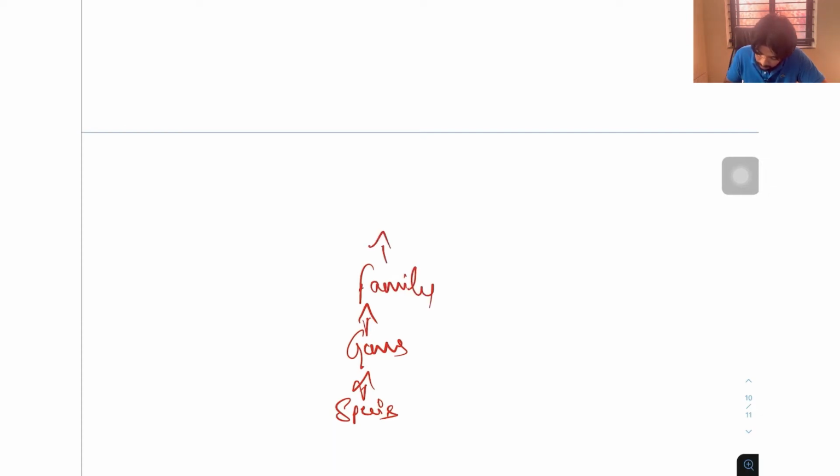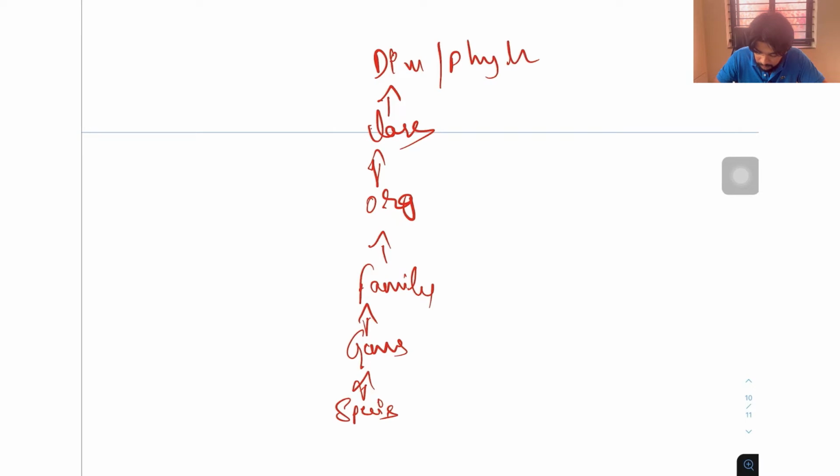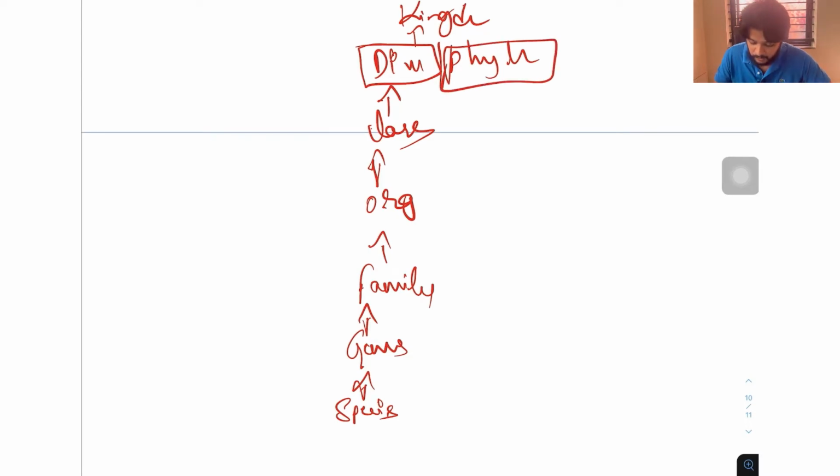Families combined together form an order. Orders combined together form a class. Classes combined together form a division or phylum. Phyla combined together form a kingdom. So in the kingdom, next is division or phylum, next is class, order, family, genus, species. Division is used for plants and phylum is used for animals.